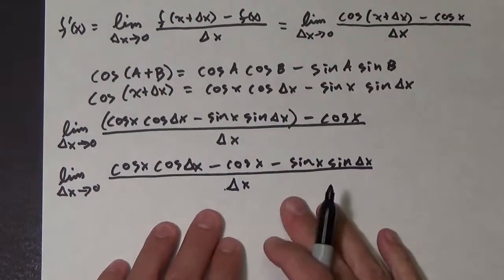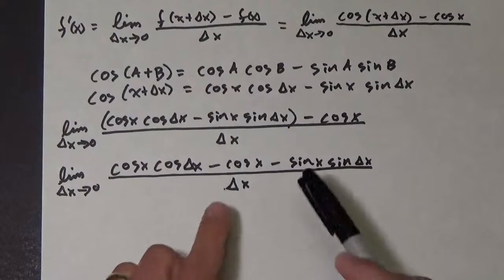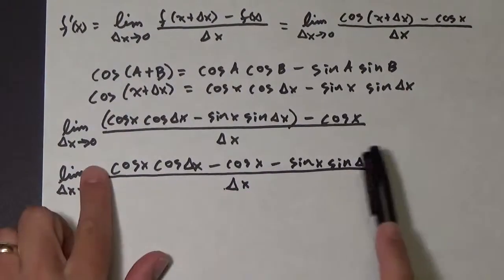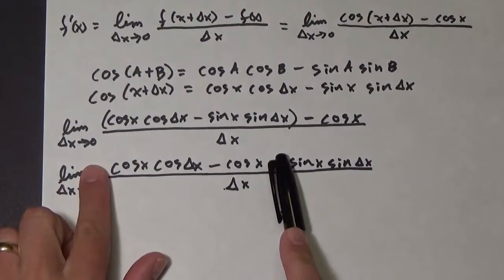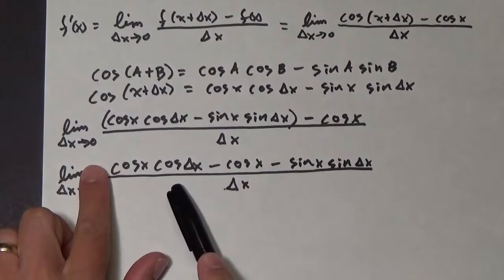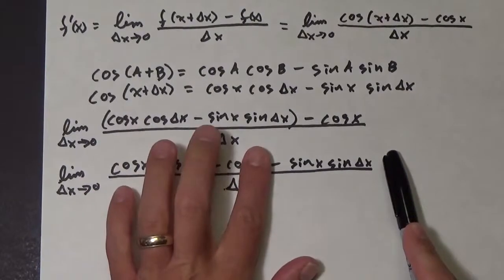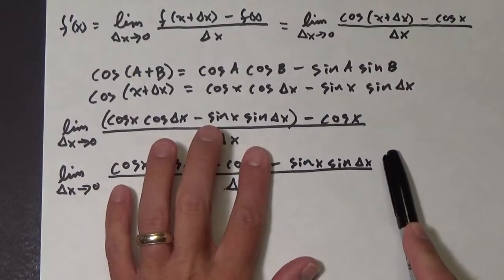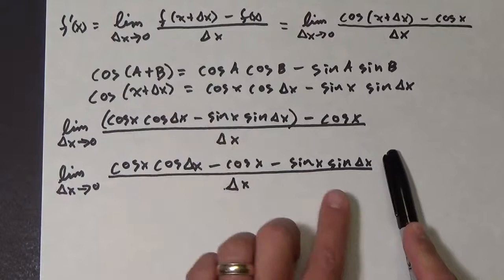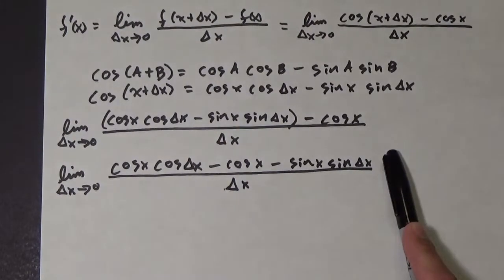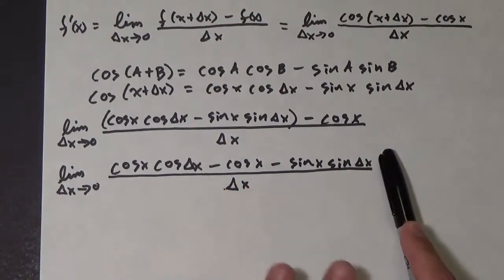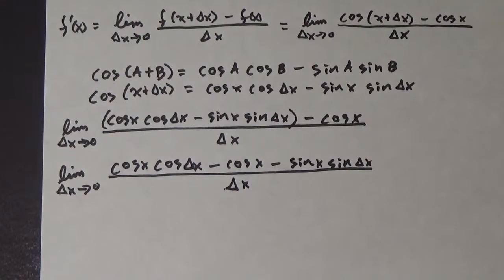Then we're going to take this fraction and split it into two fractions. The first fraction will be the cosine of x, cosine of delta x, minus the cosine of x, all over delta x. And the second fraction is going to be a negative sine of x, sine of delta x, all over delta x. And in one step we'll also go ahead and split those into two separate limits.